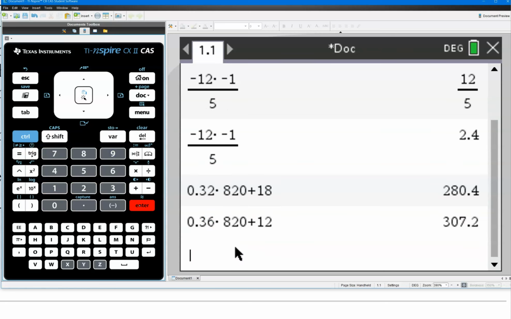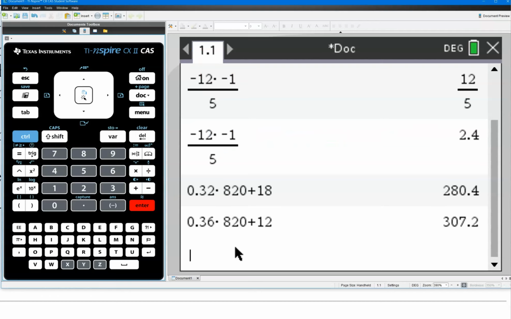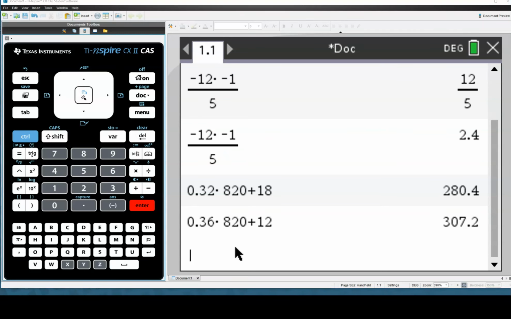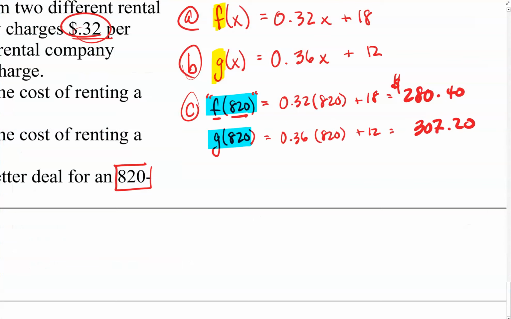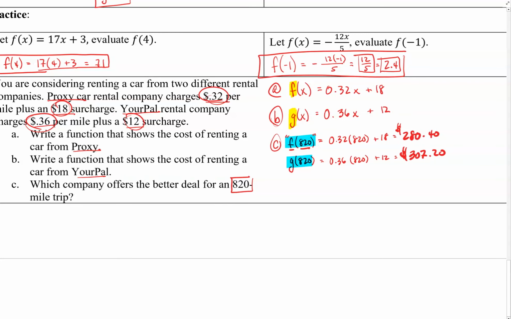And now we can fairly quickly tell which one's the better deal. We have to spend $280.40 for this rental, but $307.20 for the other. So if I had to choose, it looks like the proxy car rental is the way to go.